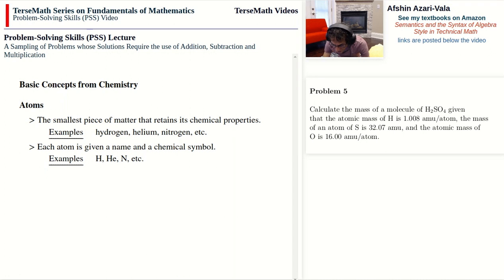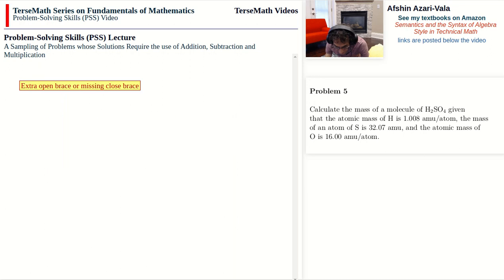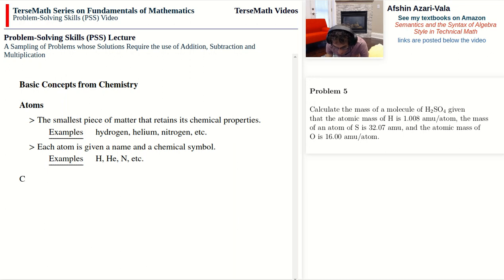Now this convention is important because if you compare something like Co, and let me actually make this right. Okay, so if I have Co, this refers to an atom of cobalt, but if I make the O capitalized, so if I wrote something like this, then we're talking about carbon monoxide, and these are very different kinds of substances.